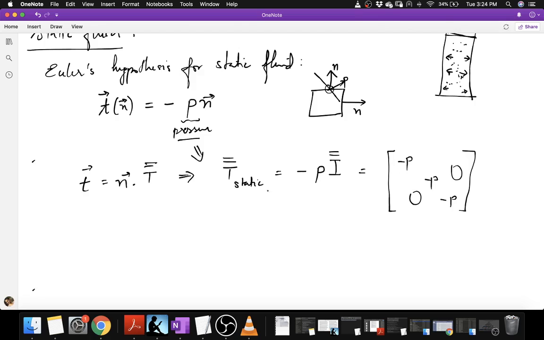So this is our stress tensor for the case of a static fluid, as Euler hypothesized.